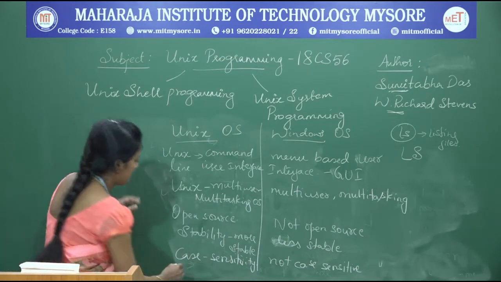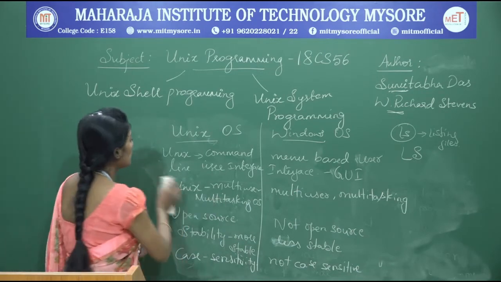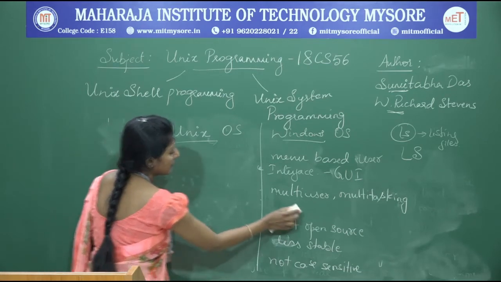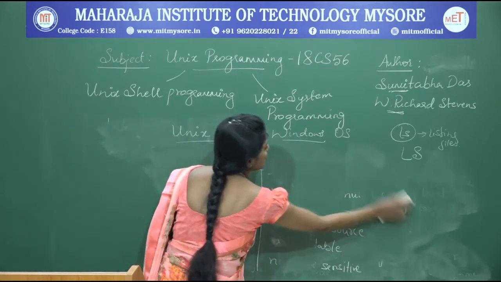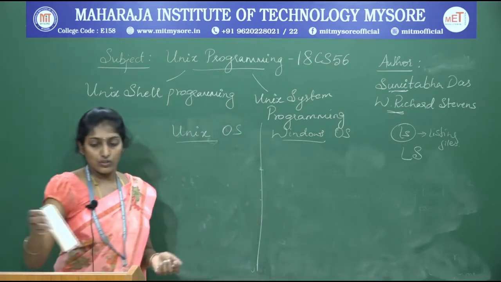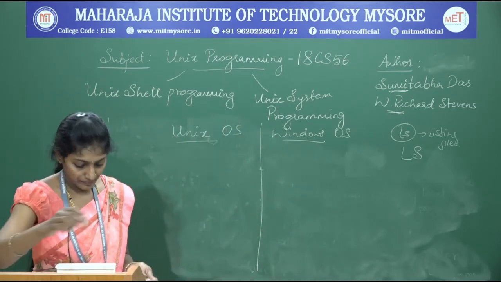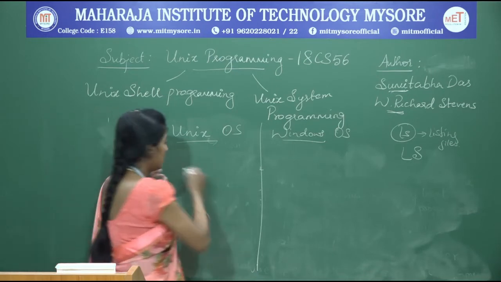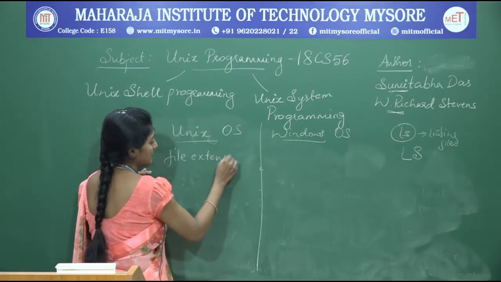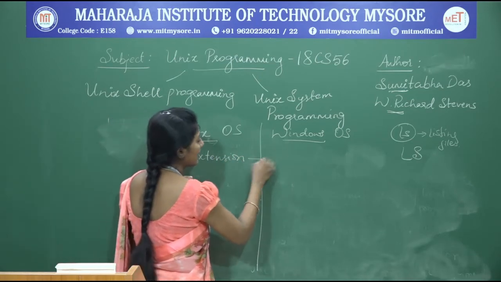Next is file extension. A few more differences of the Unix operating system concern file extensions.